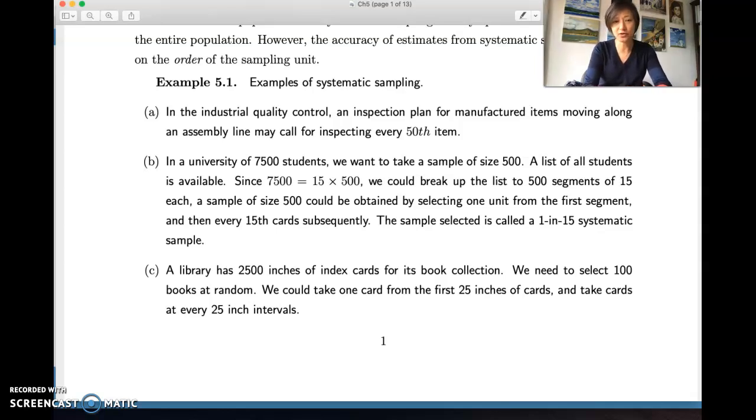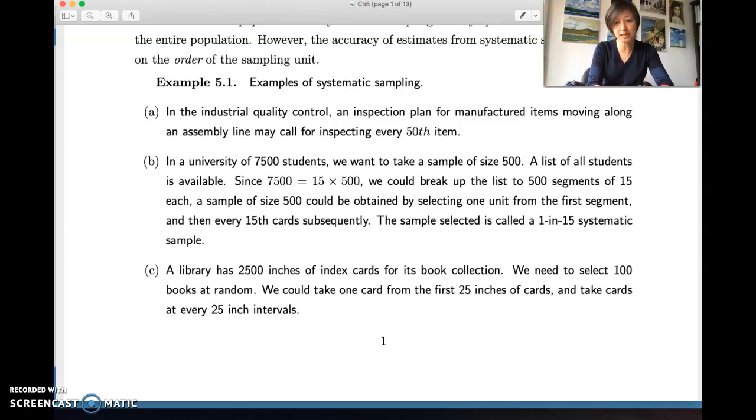So imagine in the old days, every book would have an index card written with the description and the location of the book being stored, etc. And then they put each index card in the book collection drawers. So we imagine we have 25 inches of index cards, many cards referring to each of the books.